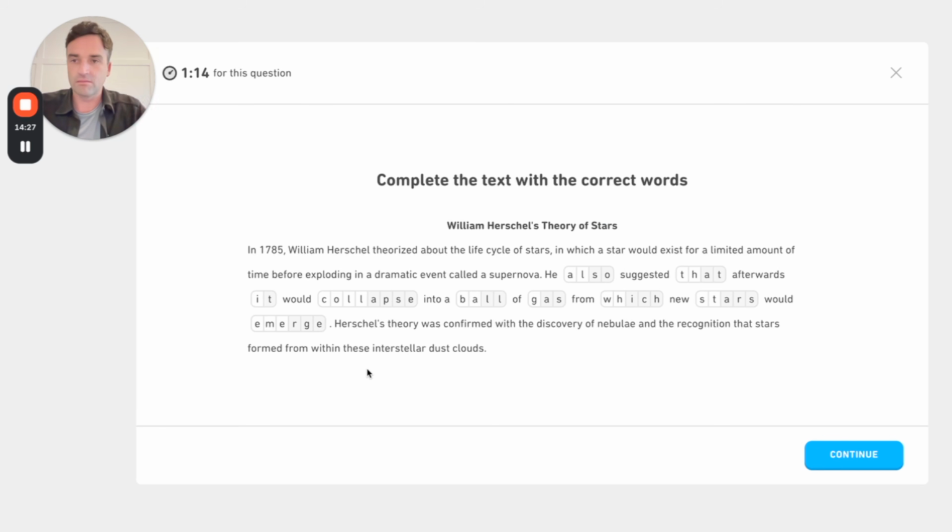Others are content words like collapse or ball of gas or stars. So all types of vocabulary items will be in these passages. Okay, let me check that I didn't make any mistakes. Okay, I guess that's okay.